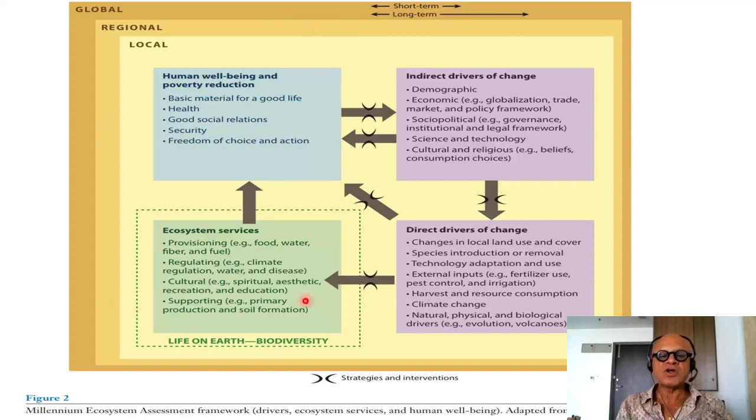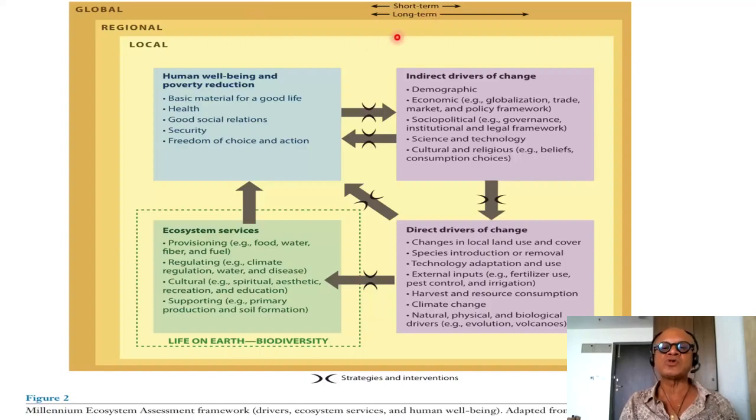So here we are in the global framework where global warming, global governance issues, and global pollutants like well-mixed greenhouse gases are responsible.